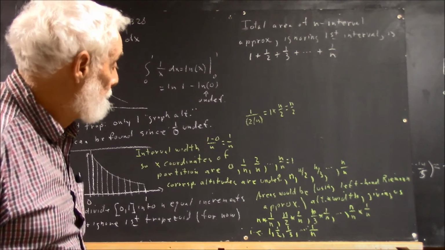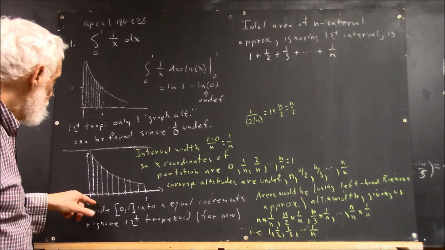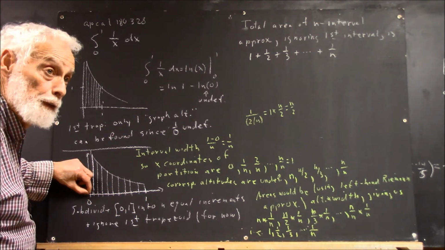Now, as n goes to infinity, you get the entire area except for just a small sliver, right?